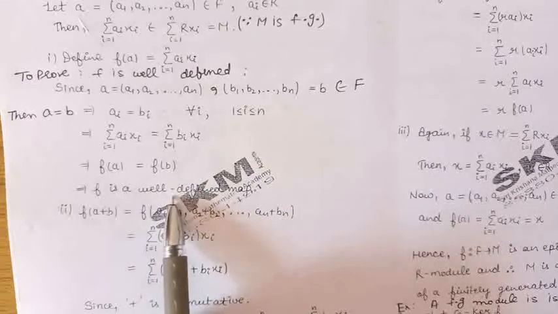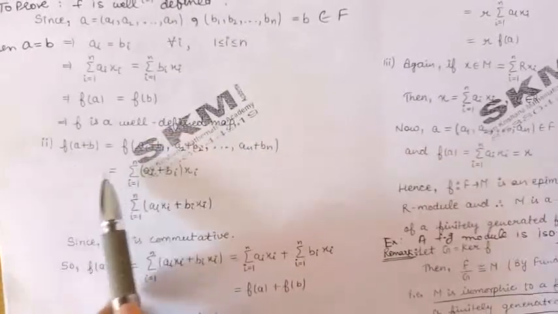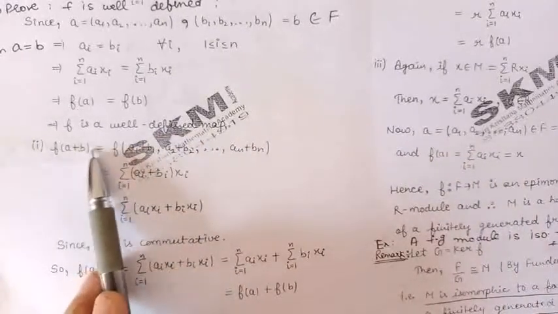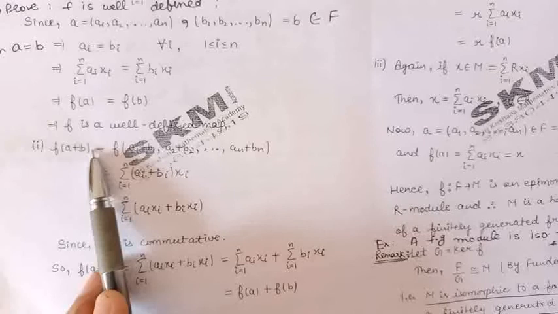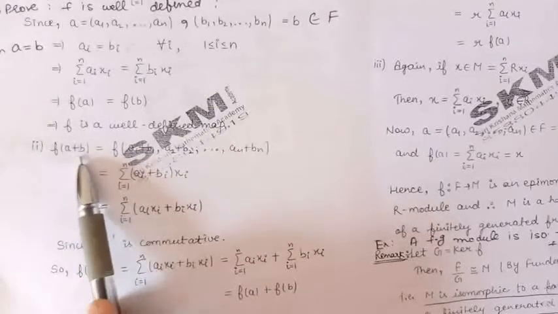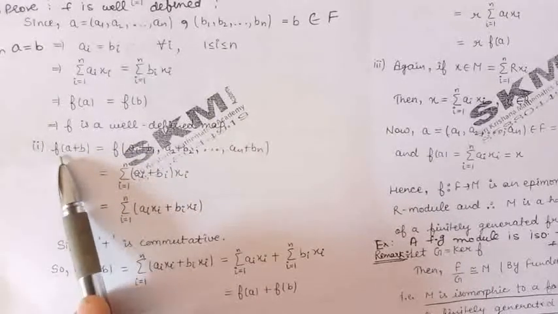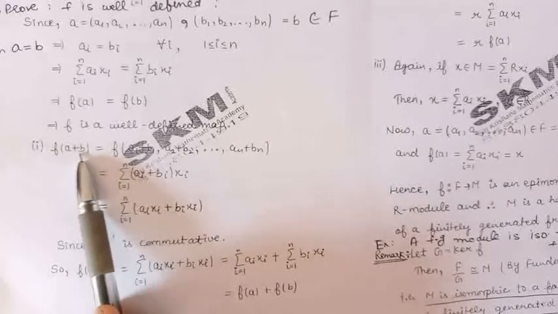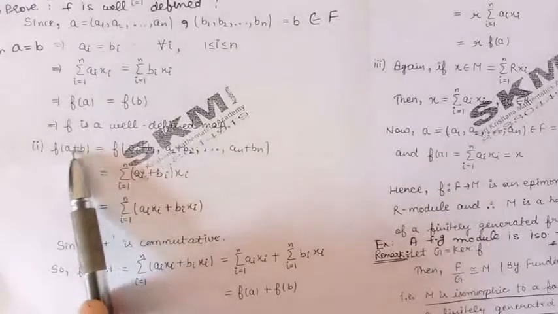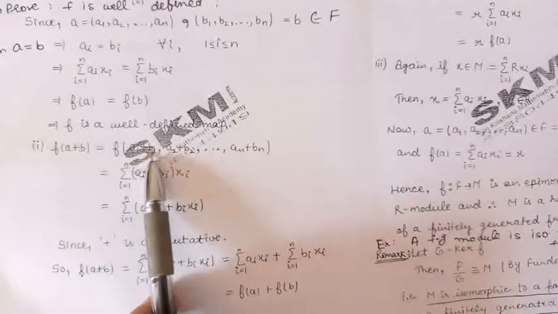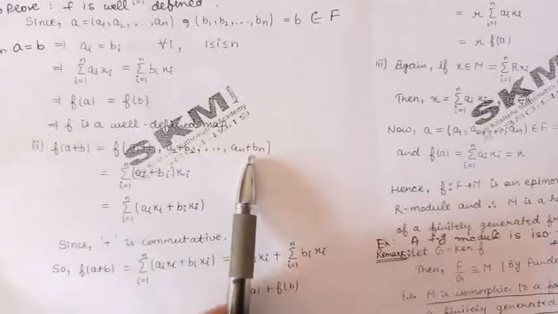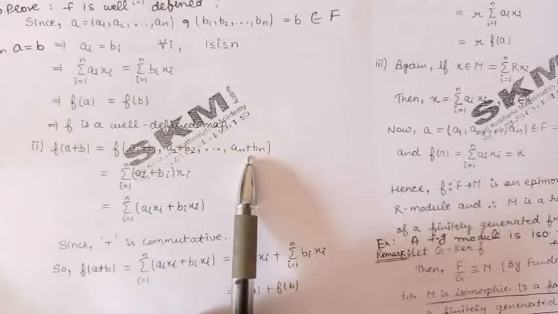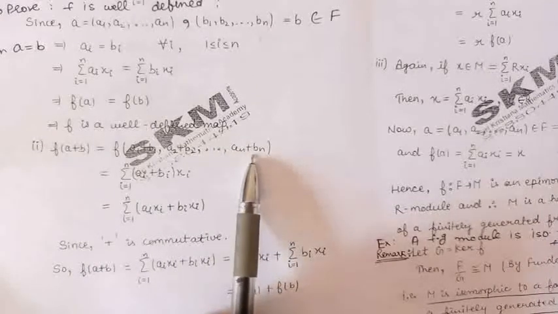Now next we are to prove that this mapping is a homomorphism of R modules. To prove homomorphism, let us take two elements a and b belonging to F, and we find the image of a plus b under this mapping f. By definition of addition, coordinatewise, a plus b will become a1 plus b1, a2 plus b2, a3 plus b3 and so on. The last coordinate will be an plus bn.